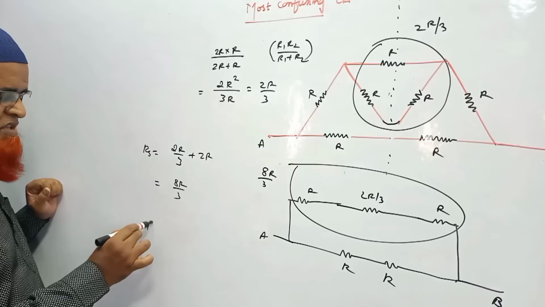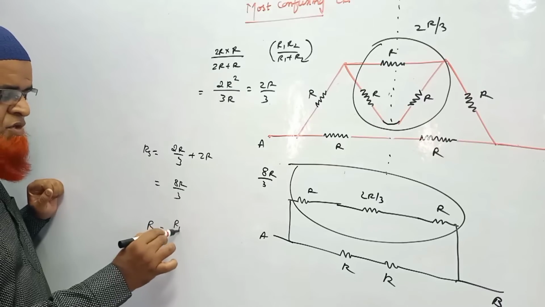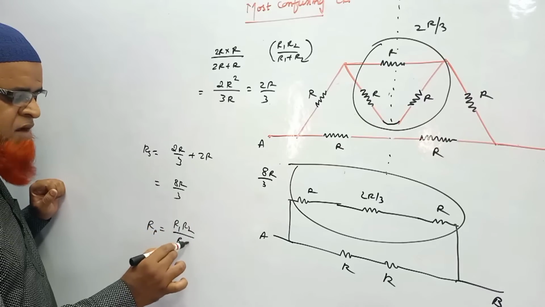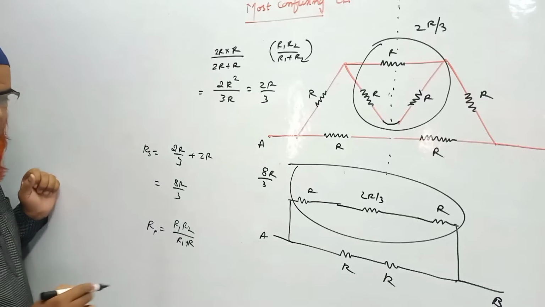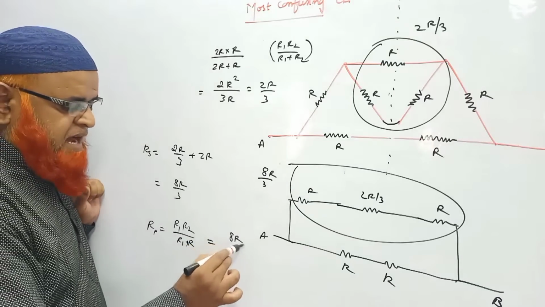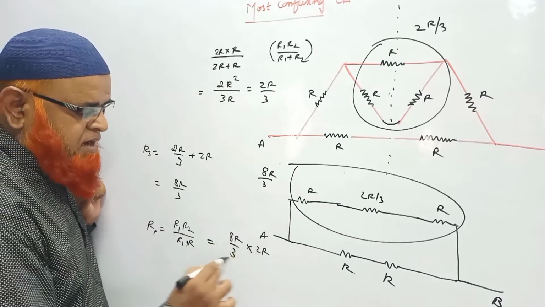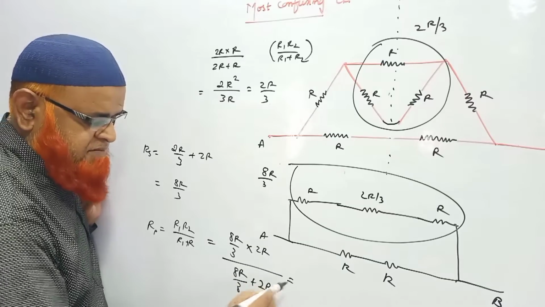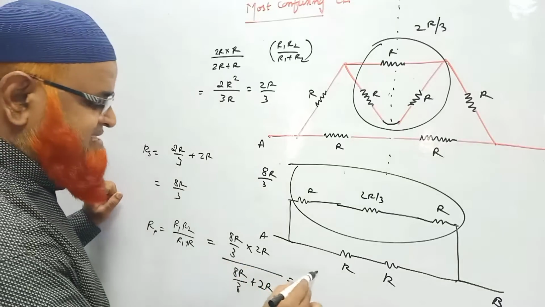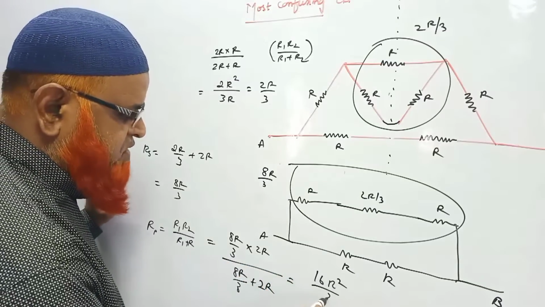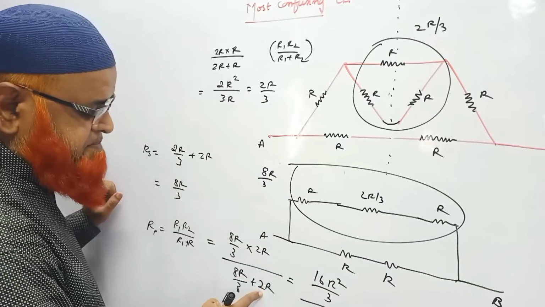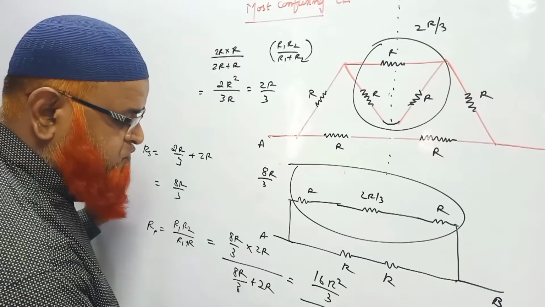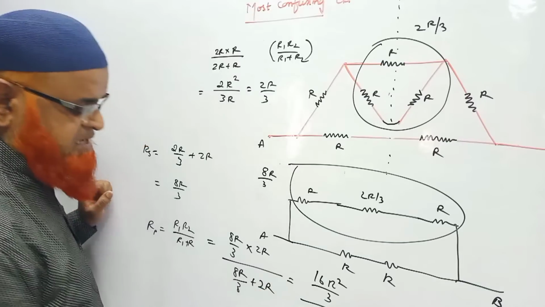Parallel connection means, as you all know, R1 R2 by R1 plus R2. Then 8R by 3 into 2R divided by 8R by 3 plus 2R. That's it. Then this can be written as 16R square by 3 divided by 14R by 3, isn't it?